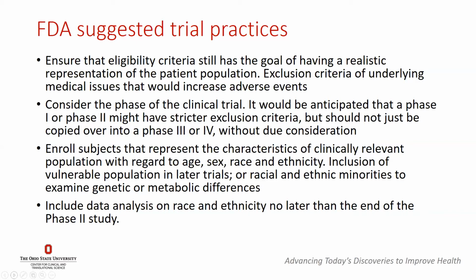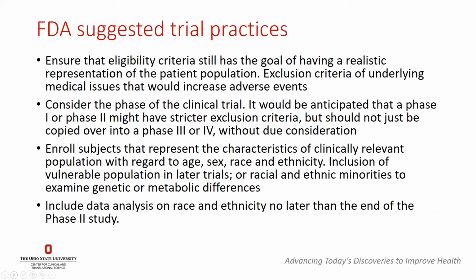This is something that has also been brought forward, that there are inherent differences genetically and metabolically between the different races and ethnicities. Include data analysis on race and ethnicity no later than the end of phase 2 studies.